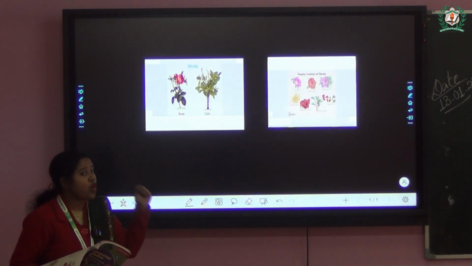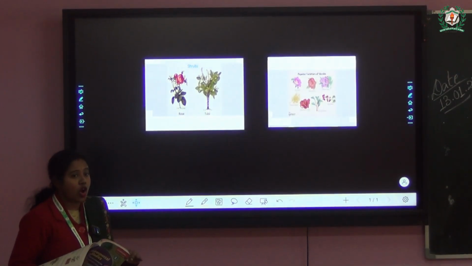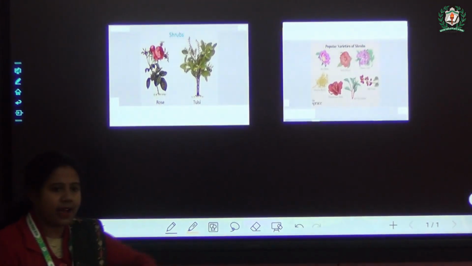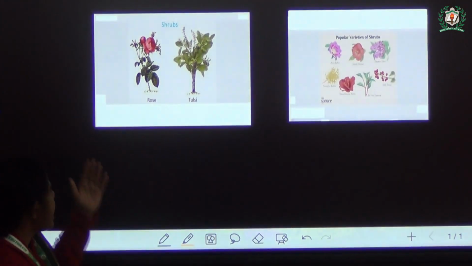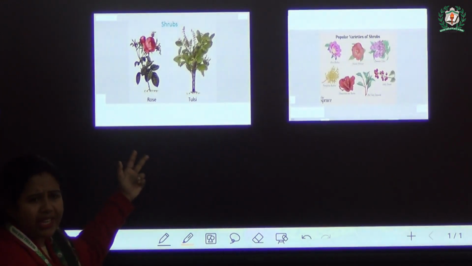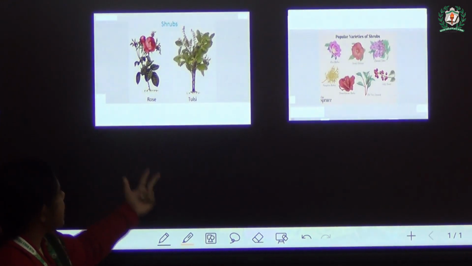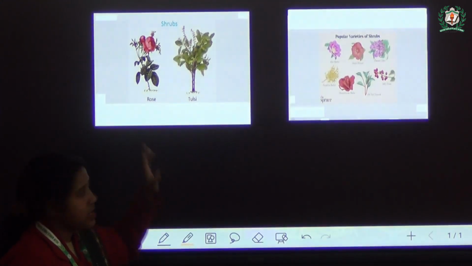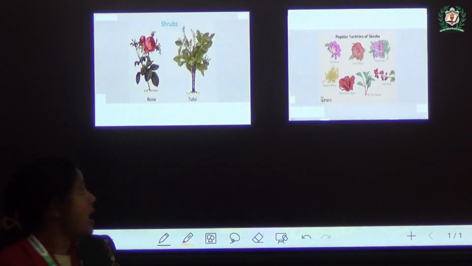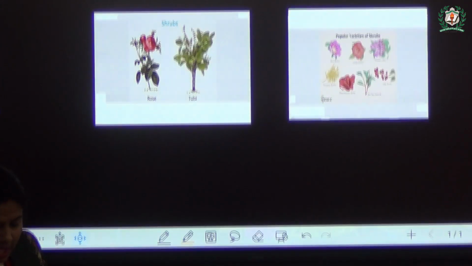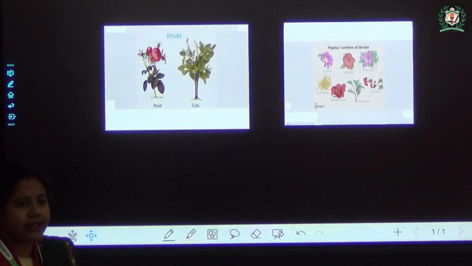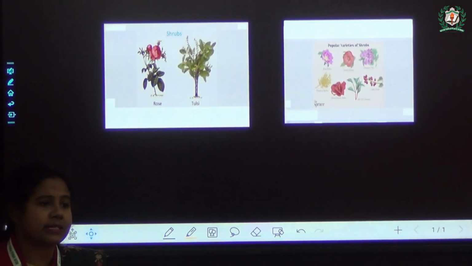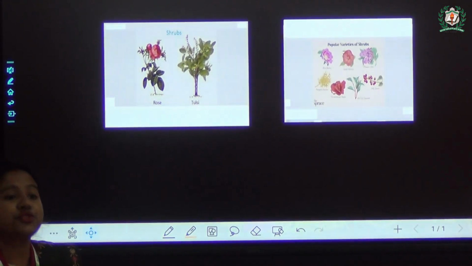They also have a strong stem, but they are not as big as a tree, and they grow in bushes. Here I have kept two very common examples of shrubs, the rose plant and the tulsi plant. This type of plants are known as shrubs. The other common examples are hibiscus and sunflower. All these plants are types of shrubs.